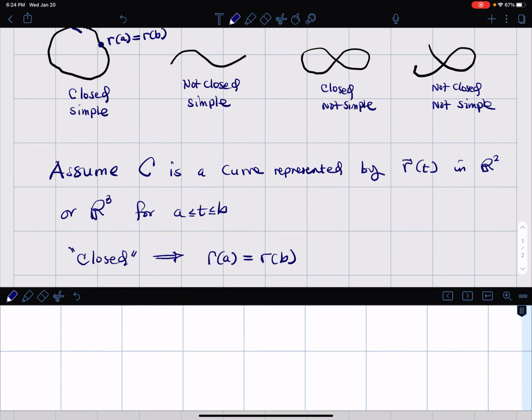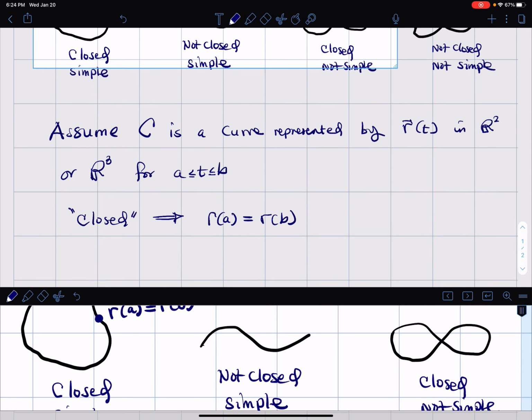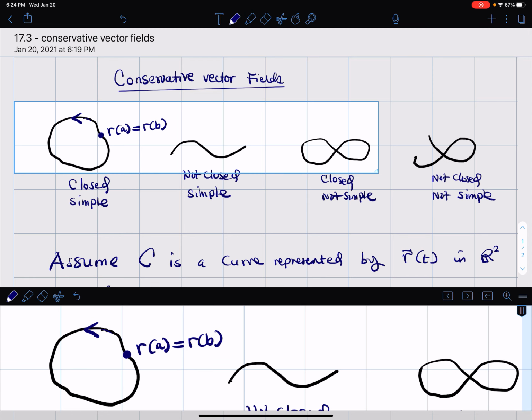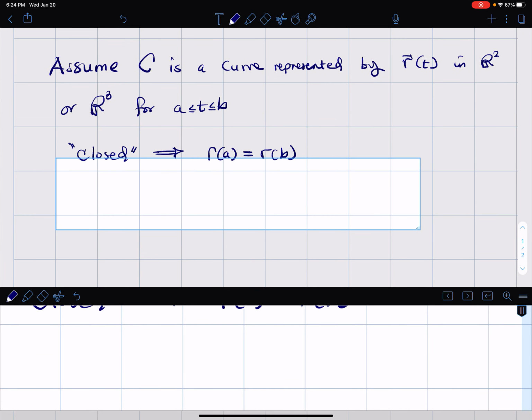So it's a closed curve. If you parameterize it, r(a) is the same thing as r(b).